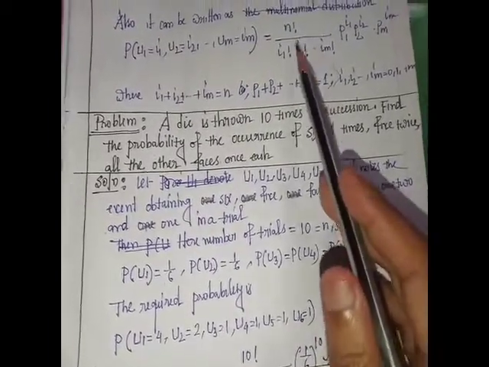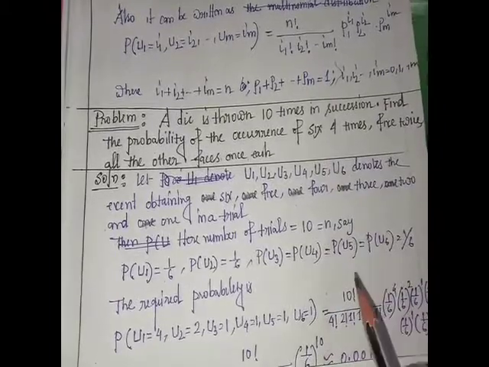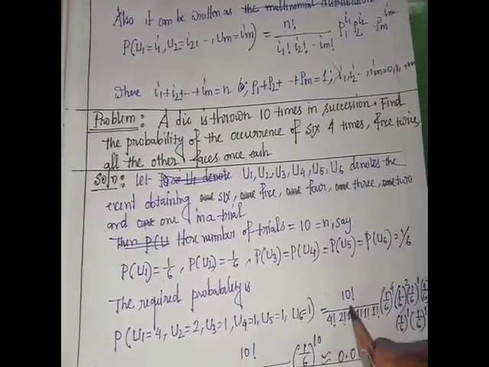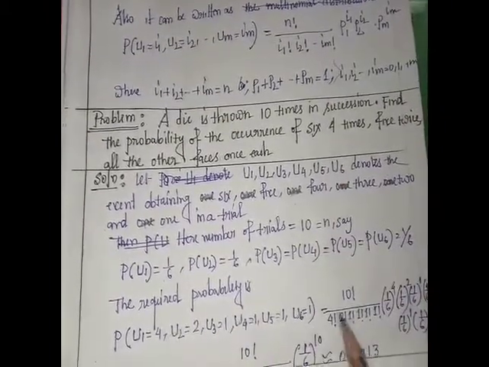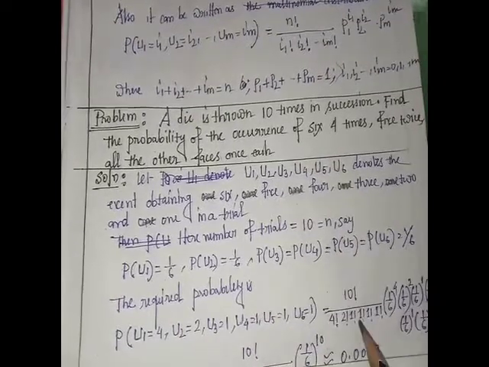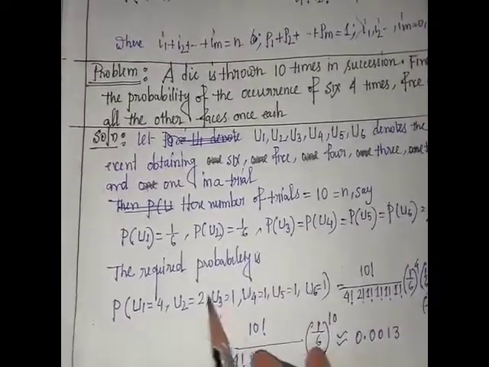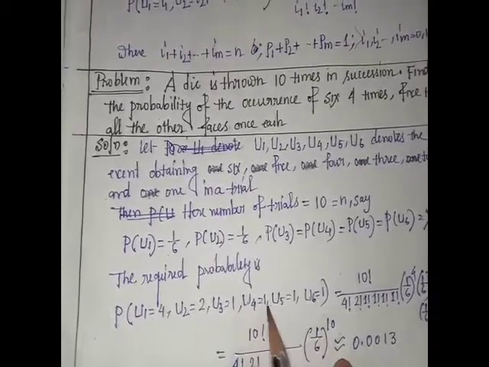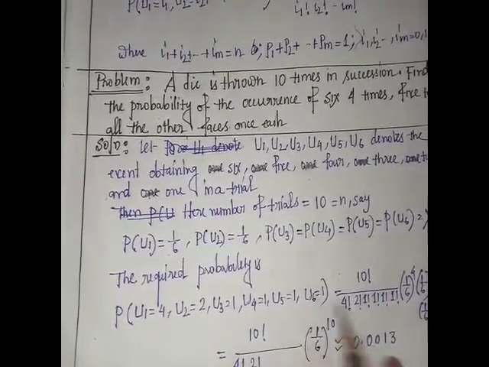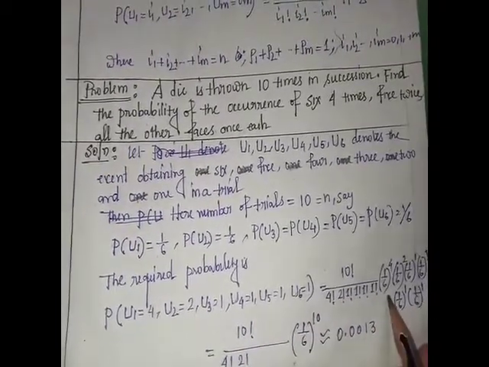From this formula, putting in these values, n factorial means 10 factorial, divided by i1 factorial which is 4 factorial, i2 factorial which is 2 factorial, and i3, i4, i5, i6 each 1 factorial.